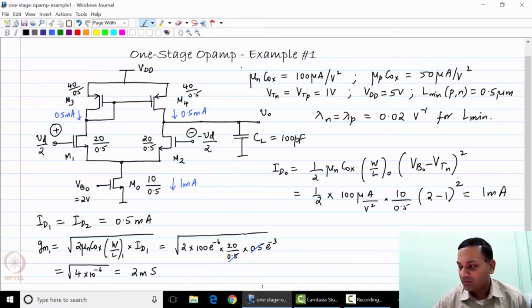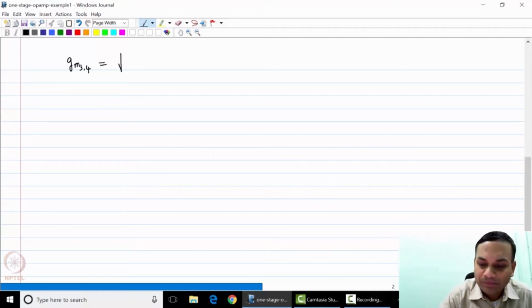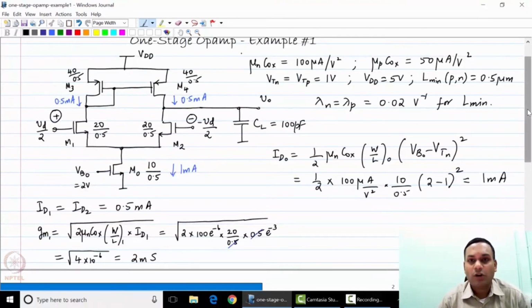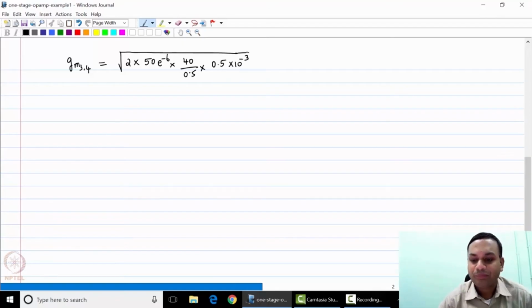Let us now calculate what the value of GM3 and GM4 is. GM3 or 4 is root of 2 into mu P Cox W over L, so which is 50e minus 6 into the W over L of the PMOS transistors, which is 40 over 0.5, into 0.5 into 10 power minus 3.